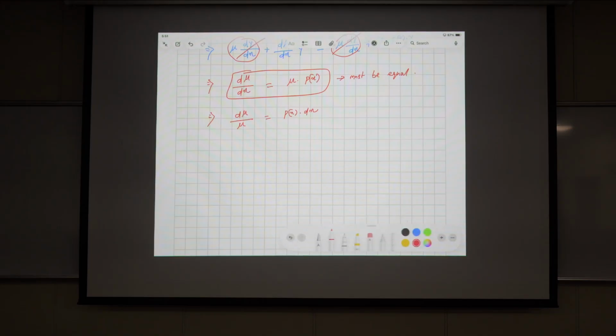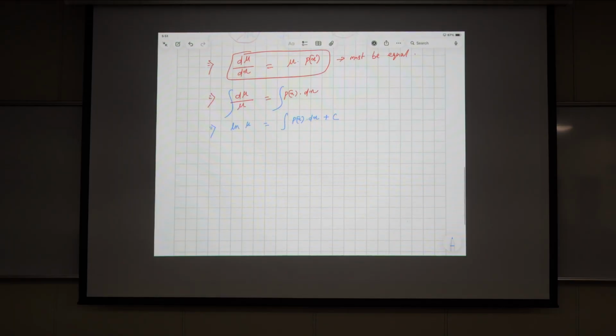Now if we integrate both sides, we get ln mu is equal to integration of p x dx plus c. That means we can further write mu is nothing but c e to the power integration of p x dx.